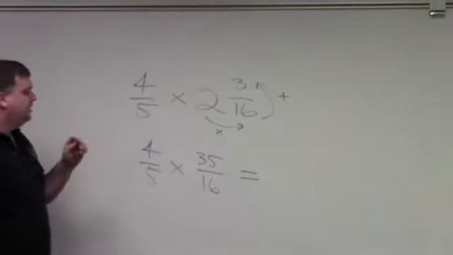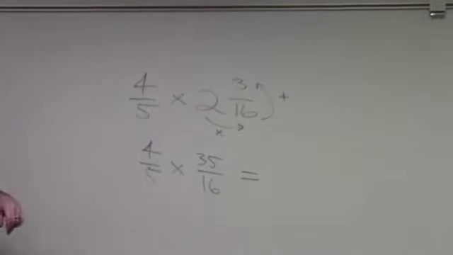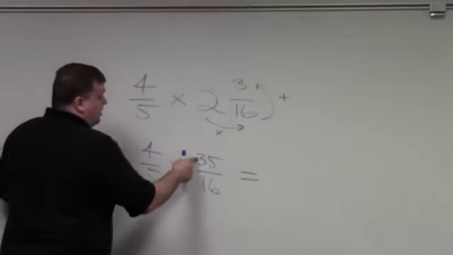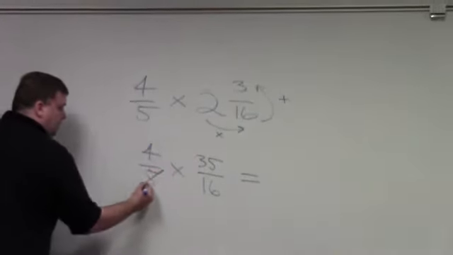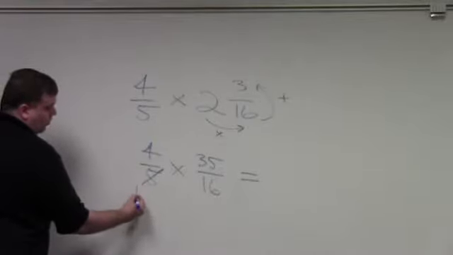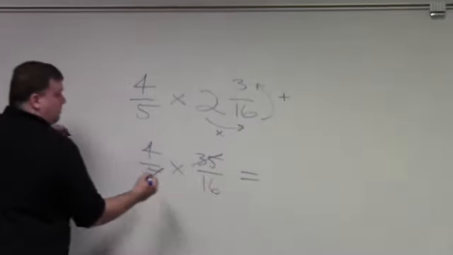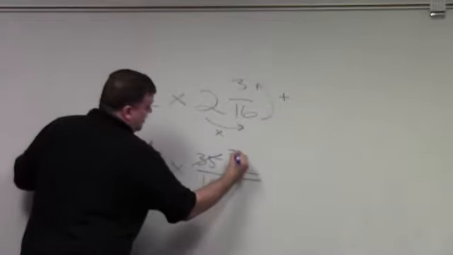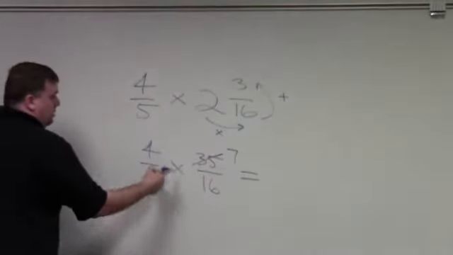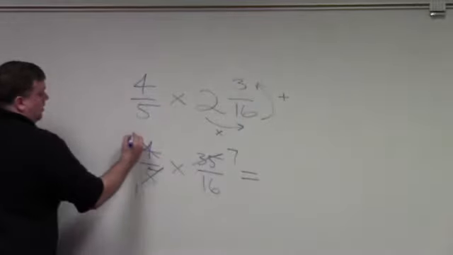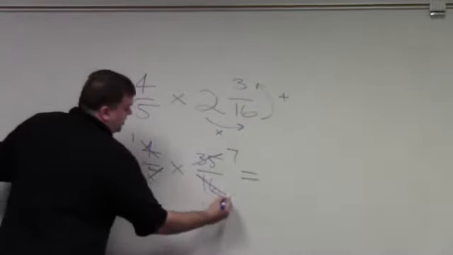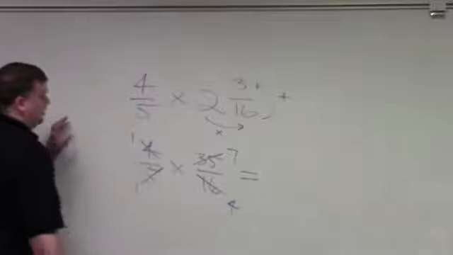So let's see if we can do any reducing before we multiply. We got 5 and 35, anything common between those two? 5. 5 times what gives me 5? 1. 5 times what gives me 35? 7. Anything common between 4 and 16? 4. 4 times what gives 4? 1. 4 times what gives 16? 4.